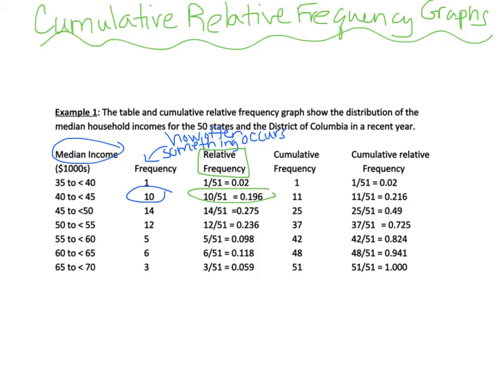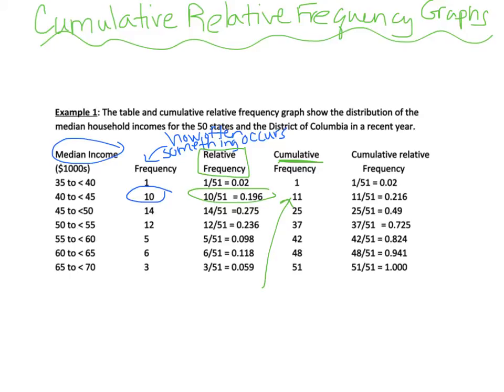Now, cumulative frequency, you may or may not remember this from other classes, but the word cumulative means that and everything before it. So, for example, this 11 represents everything below $45,000.